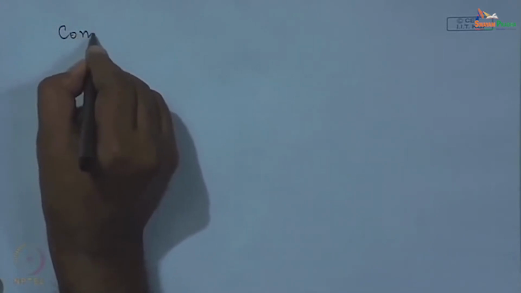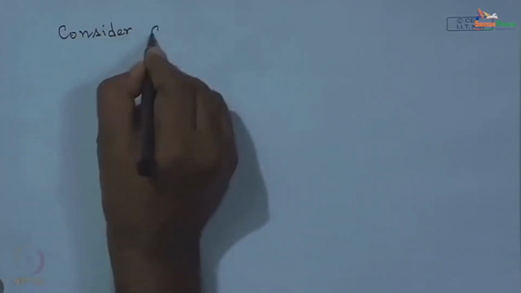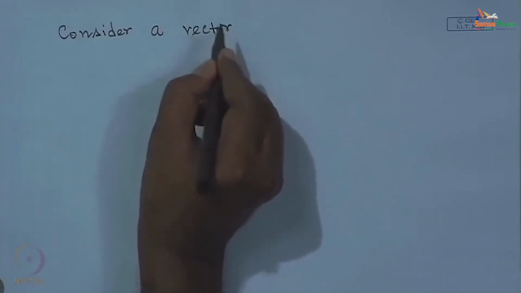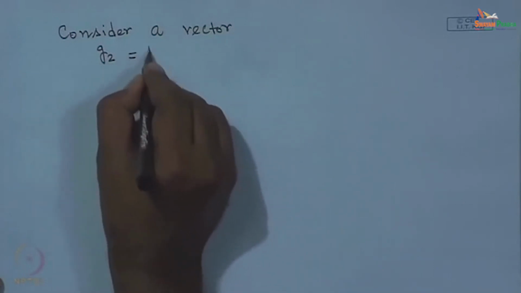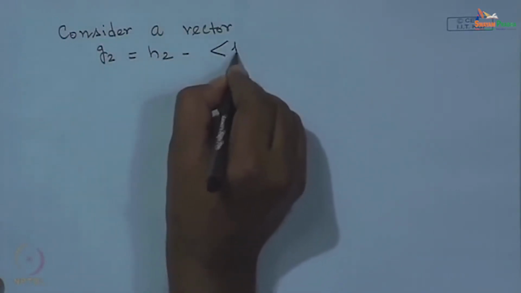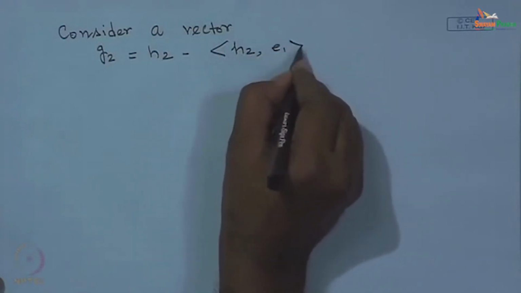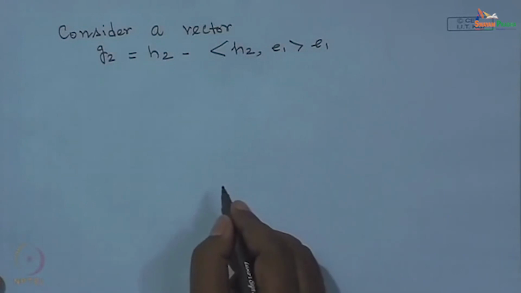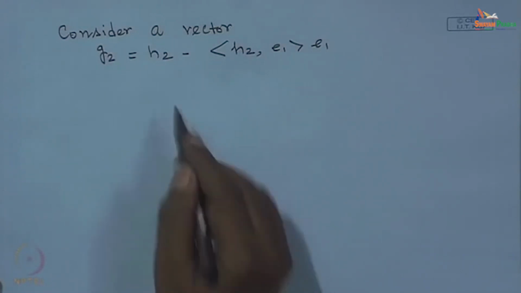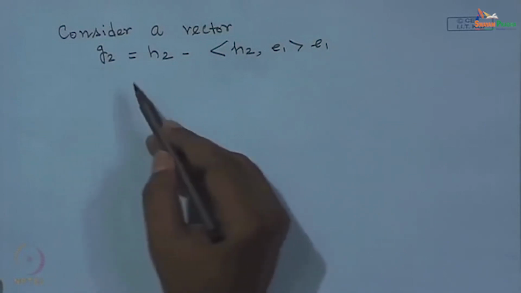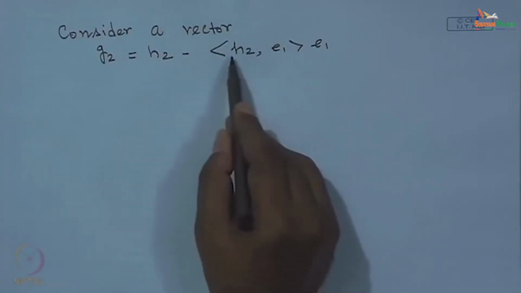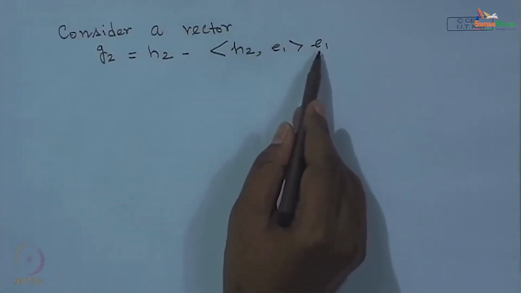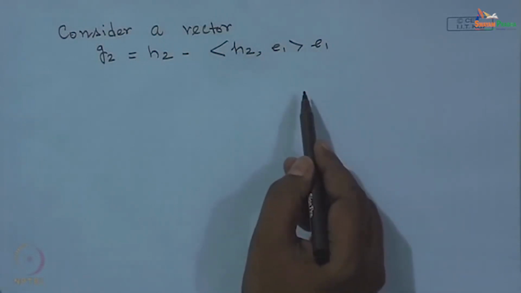Next, we consider a vector G2 such that G2 is equal to H2 minus the inner product of H2 and E1 multiplied by E1. So, the inner product is a scalar. So, we are formulating a vector, which is nothing but the vector H2 minus some scalar multiplier of the vector E1, that we have derived just now.